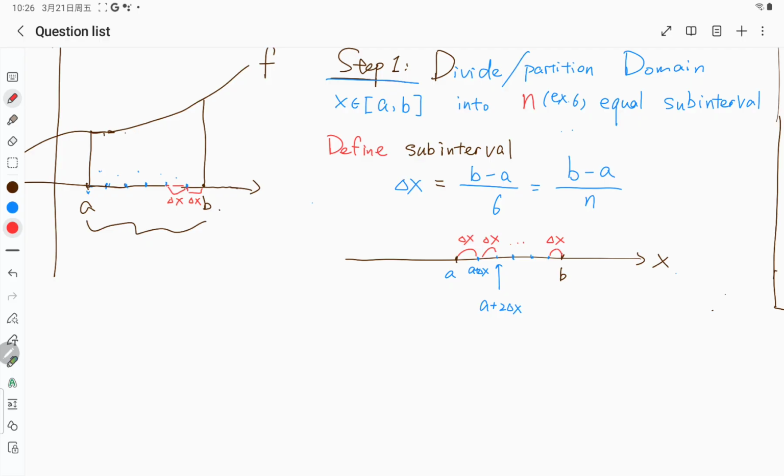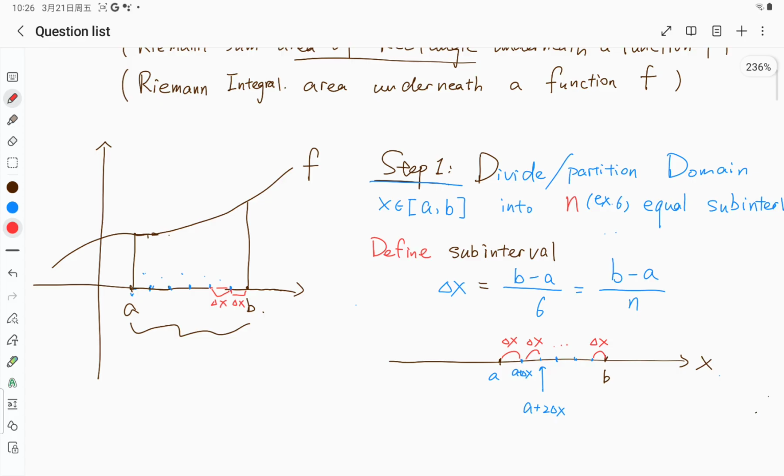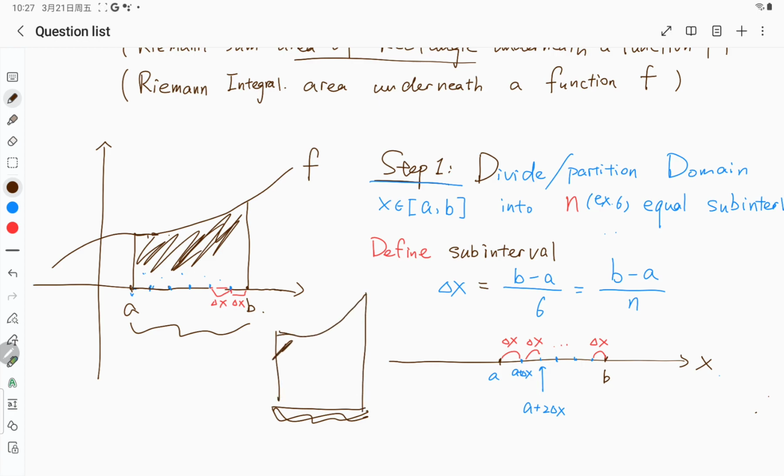All right. So to calculate the area, I guess we still have a lot of work to do. As you can see, we have something like a base, this length, and then we still have a height, because this function has a height. The main idea of Riemann sum is that we decompose this graph into rectangles.